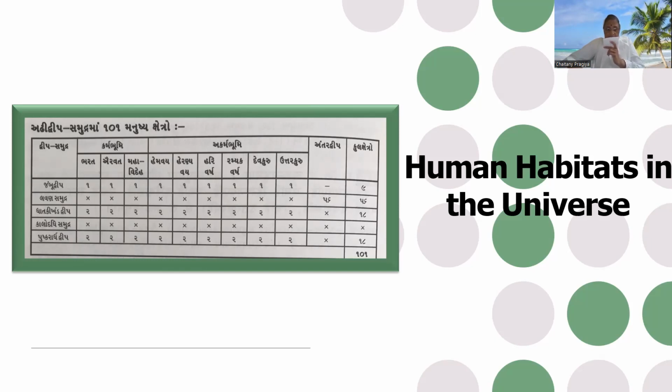That ocean is known as Lavan Samudra. After Lavan Samudra, there is again an island in circular form, recognized as Dhataki Khand. After this island, there is again an ocean, known as Kanodadi Samudra, which is of double the range of Dhataki Khand.